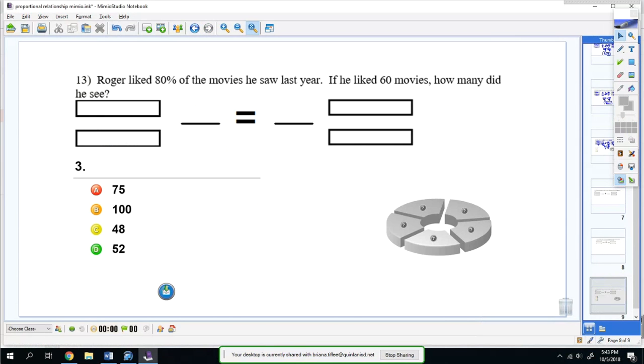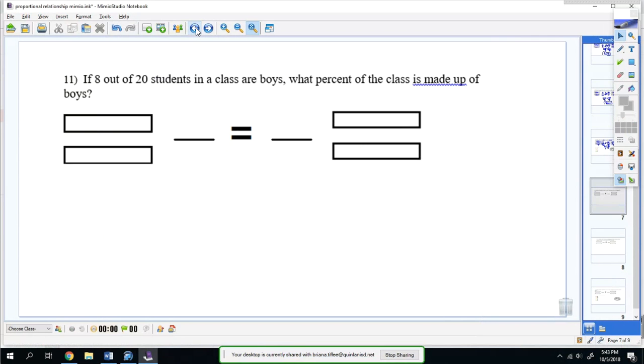All right, number 11. Okay, if 8 out of 20 students in class are boys, what percent of the class is made up of boys? So boys is 8. Total was 20. Okay, so when I'm doing a percentage, 100 will always go on the bottom because that's your total percentage.